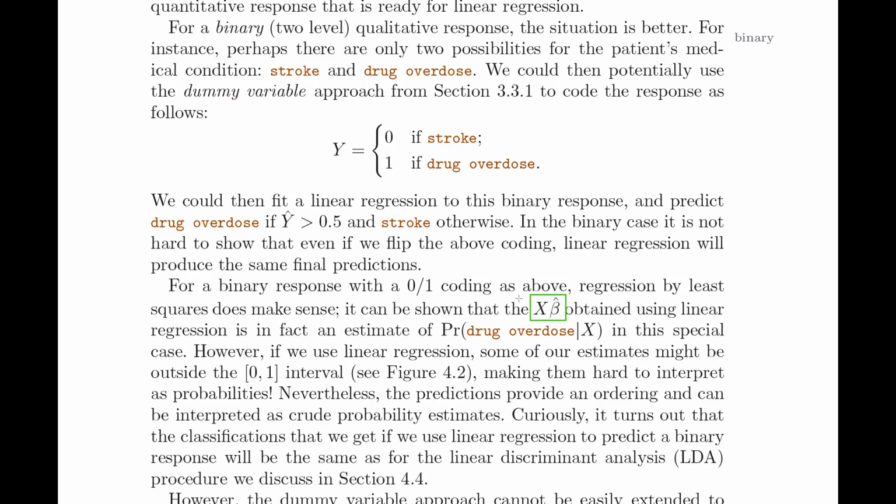But what you should really think of this as is a summation: X1 times beta 1 hat plus X2 times beta 2 hat, etc., etc. So it can be shown that the X beta hat obtained using linear regression is in fact an estimate, and we're back to probabilities, of the probability that it is a drug overdose given X. What is X?